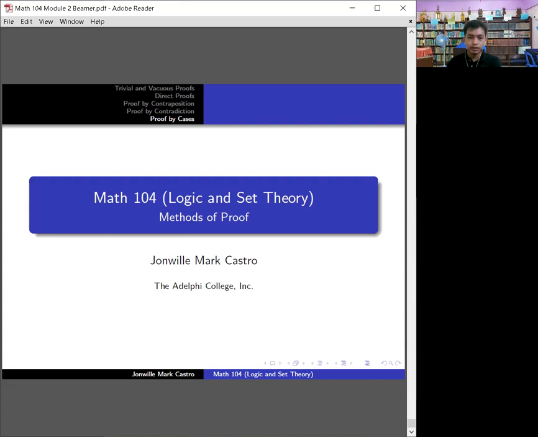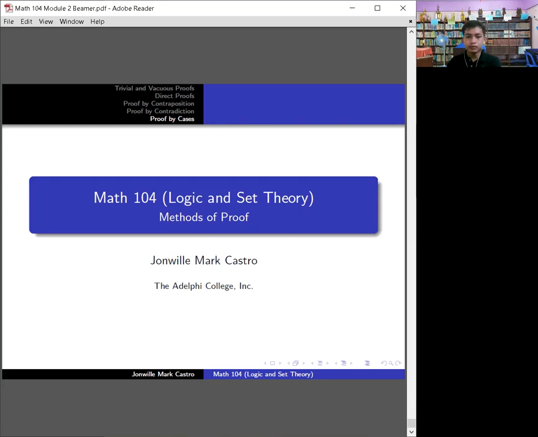And proof by cases, nadi-divide lang yung proof into parts or into cases or sub-cases. Depende doon sa given hypothesis natin.